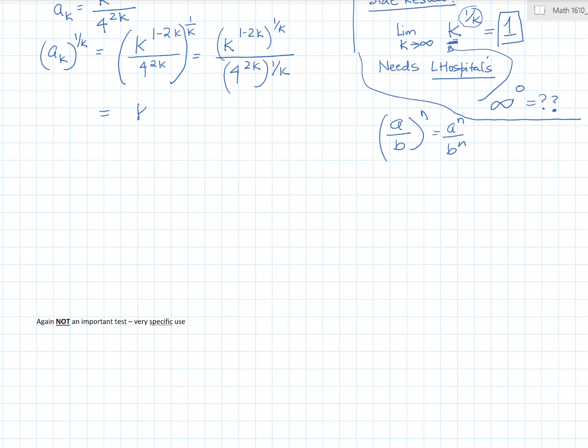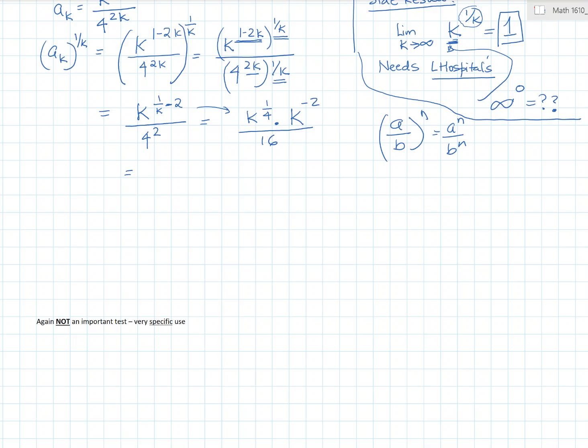So I have k raised to the power, now 1 minus 2k multiplied by 1 over k, so 1 over k minus 2, divided by 4 to the power 2k times 1 over k, which is simply 4 squared. So the numerator is k raised to the power 1 over k times k raised to the power negative 2, divided by 16.